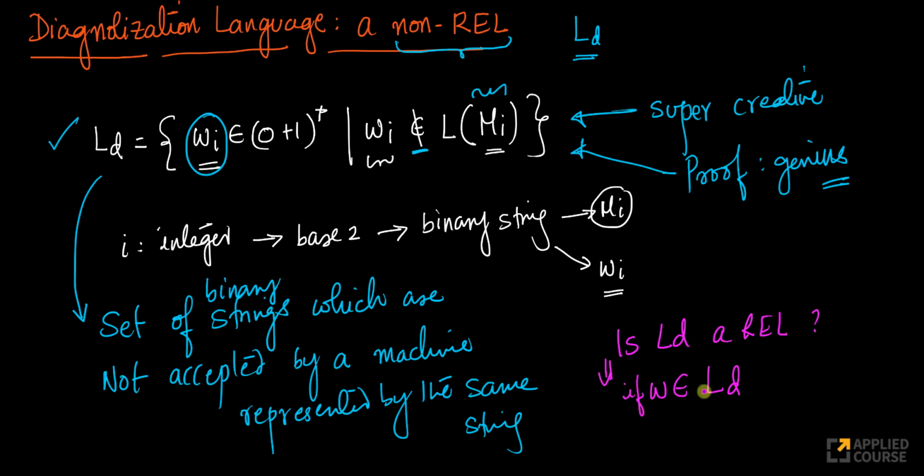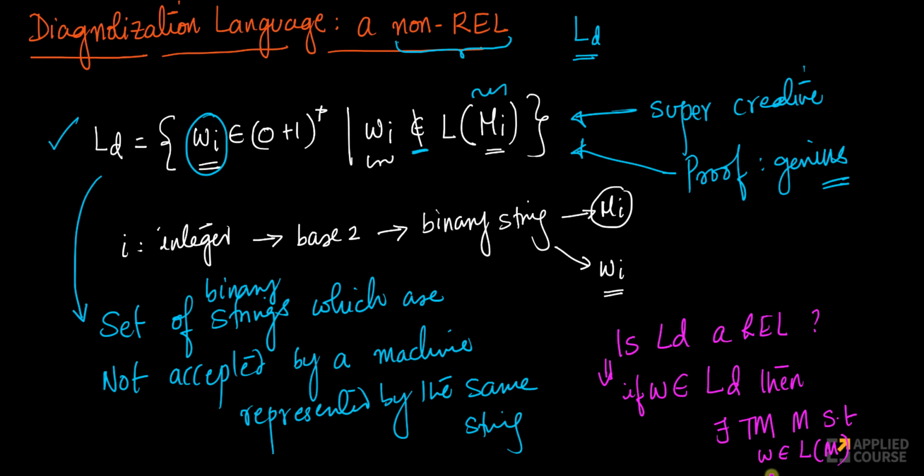If a word belongs to LD, then I must be able to construct a Turing machine that accepts this word. Then there exists a Turing machine M such that W belongs to the language accepted by Turing machine M.